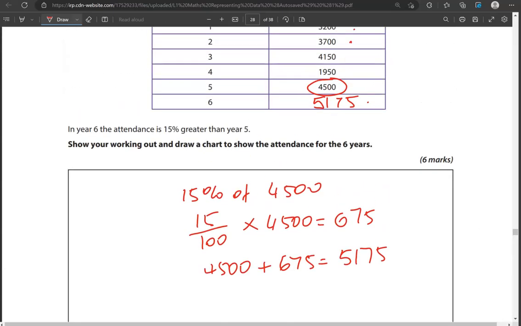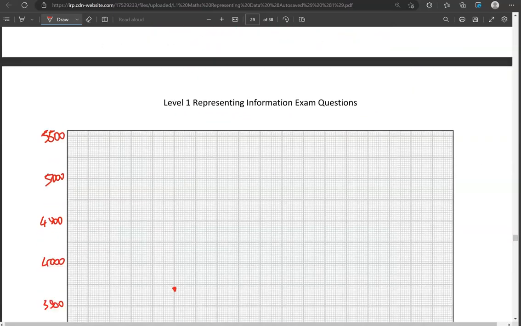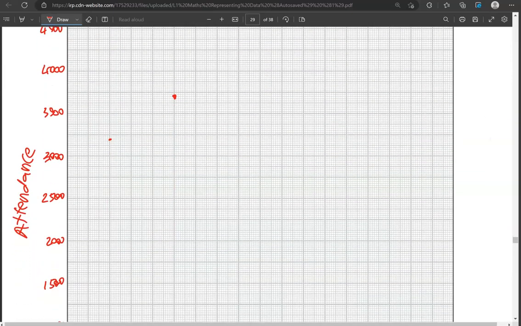Year 3, 4,150. So 4,000 is here. Add in 4 more squares. We'll take this to 4,100. 2 more squares, 4,150.